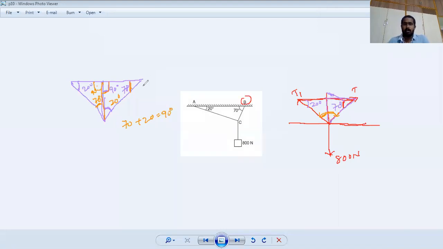70 plus 20, this is 90 degrees. So we need to find the remaining angles: the angle between T1 and 800, and the angle between T2 and 800. Now tell me how I need to find it.